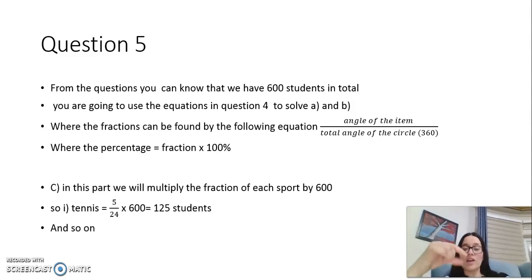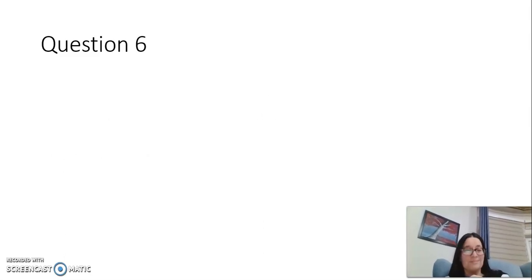Then we are going to time it by the total number of students, which is 600. So we have 125 students who like tennis. For the other sports, we're going to do the same. We're going to find the fraction of each sport. Then we're going to time it by what? By 600. You can complete it now, guys.